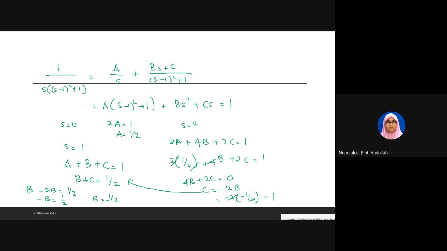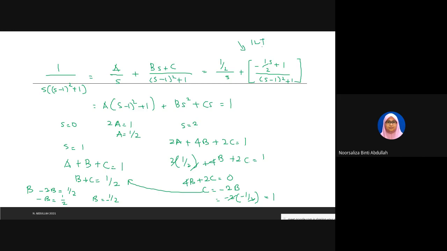Okay, so you have a, you have b, you have c, you gantikan masuk kat sini. So a is 1 over 2 over s plus, what is b? b is minus 1 over 2, plus 1: (minus 1 over 2 s plus 1) divided by (s minus 1) square plus 1. Okay, and then bila you dah dapatkan partial fraction ni, you can get the inverse.